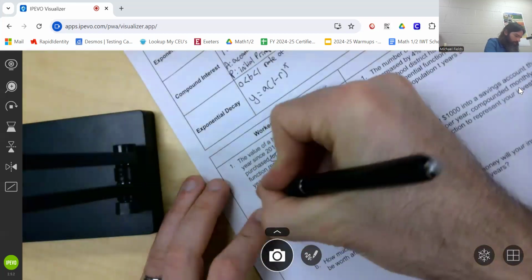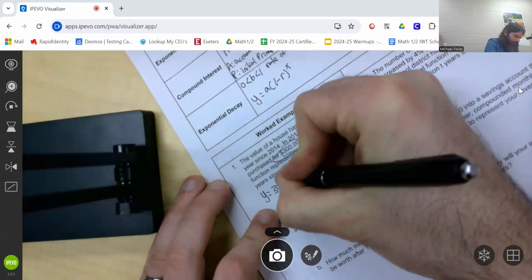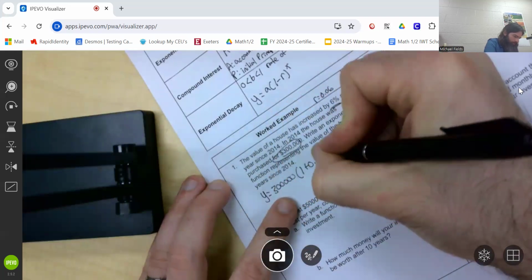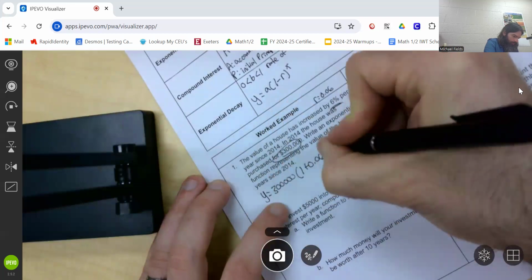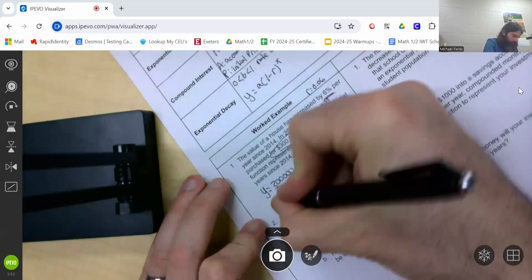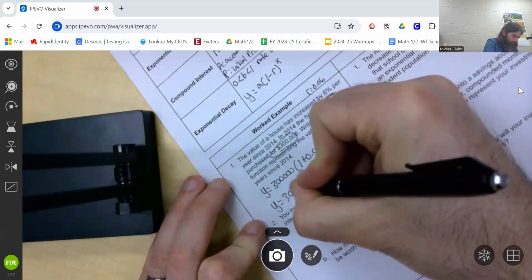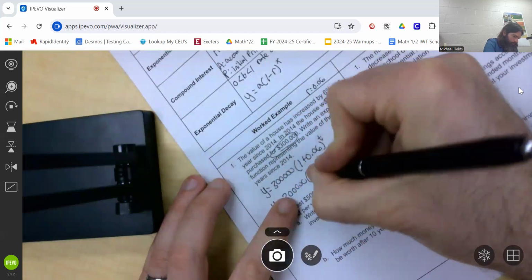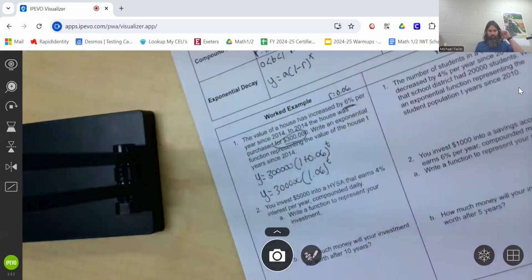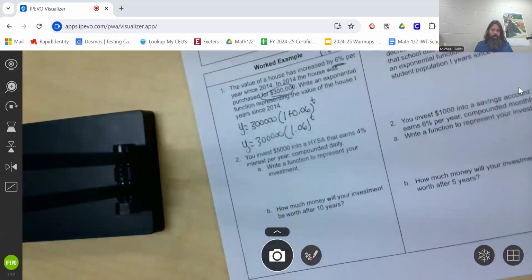So then our equation is going to be y equals 300,000 times 1 plus 0.06 raised to the t power, because it said t years since 2014. And then simplifying that, times 1.06 to the t. Pretty simple stuff.